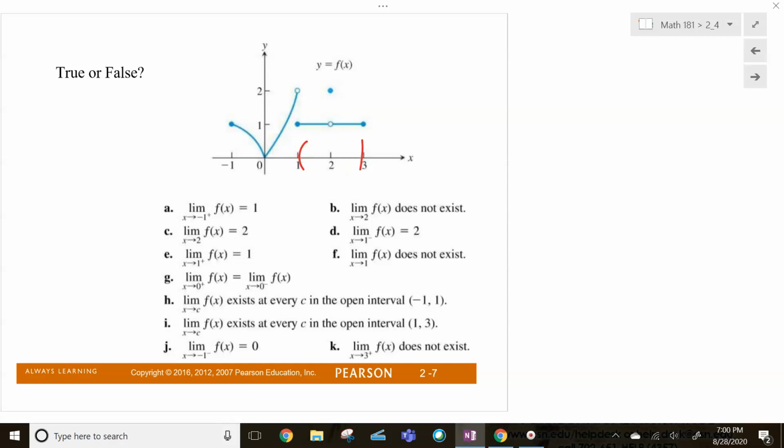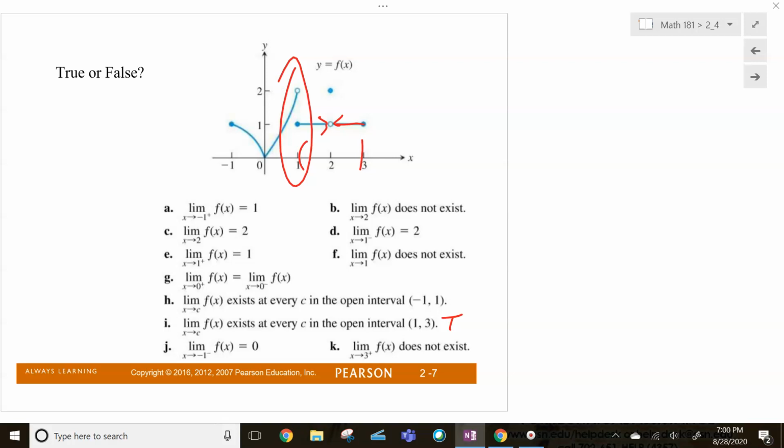Even at 2, even though it's undefined, it still agrees. So that's still a true on that one. Now, if they would have said from -1 to 3, that would have been false because we know there's no limit right there at 1. All right. But again, H and I are true on that.